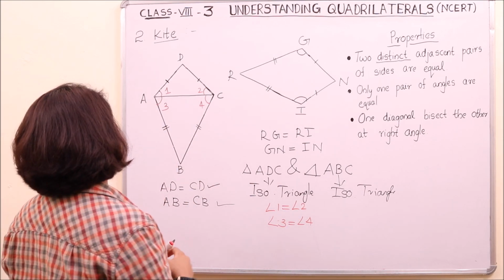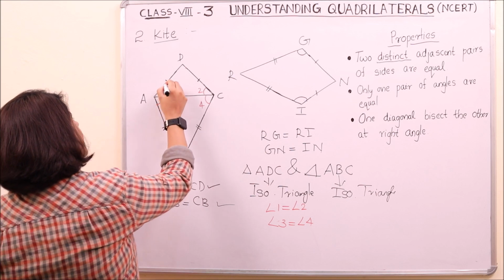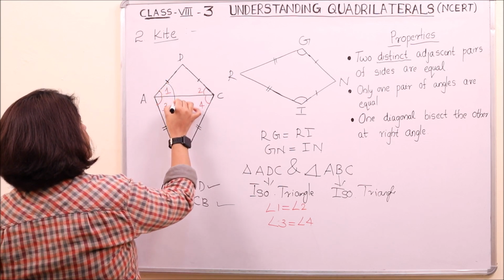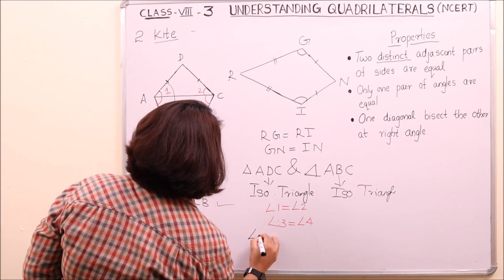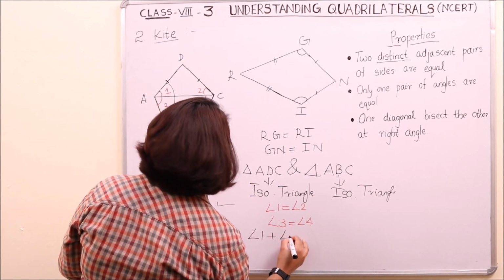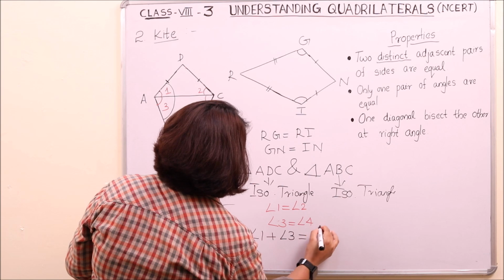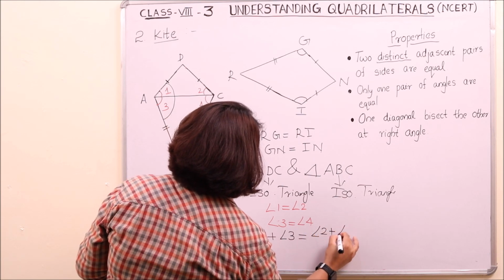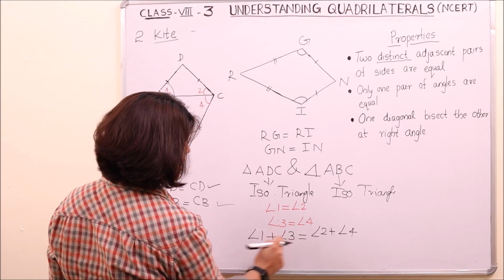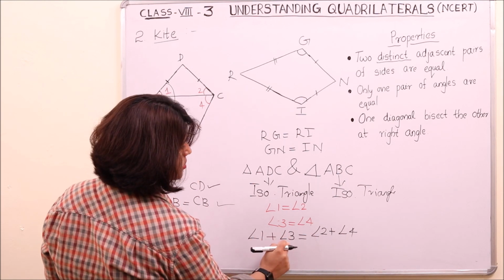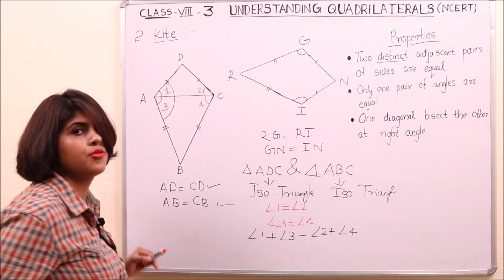And if we are considering these angles combinedly, then we can say that angle 1 plus angle 3 equal to angle 2 plus angle 4. Right? Angle 1 is equal to angle 2 and angle 3 is equal to angle 4.